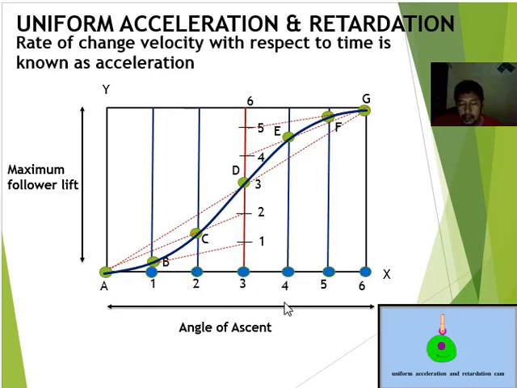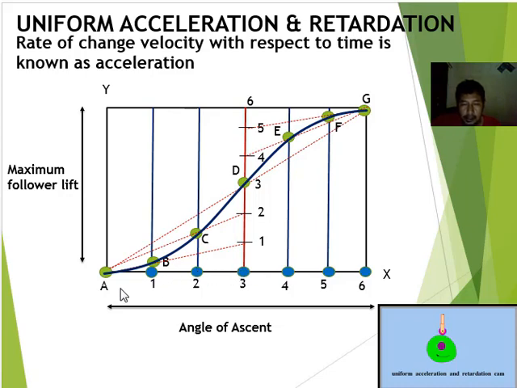After that, divide the stroke of the follower into the same number of equal parts. You can draw like this, dividing into 6 parts too: 1, 2, 3, 4, 5, 6.